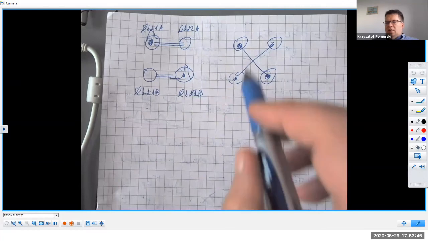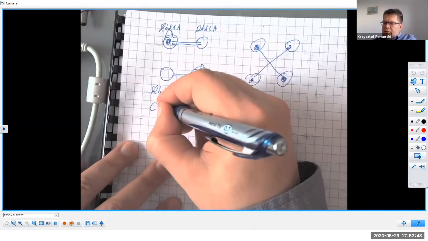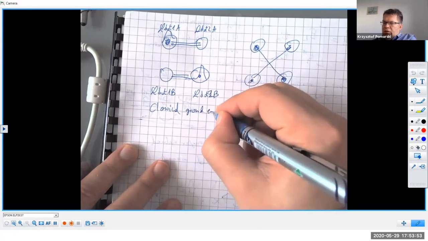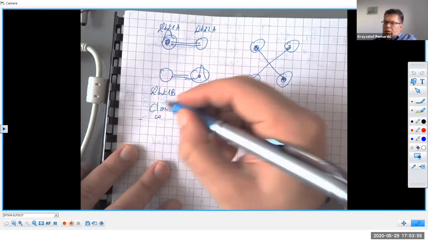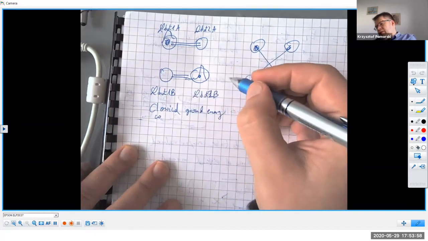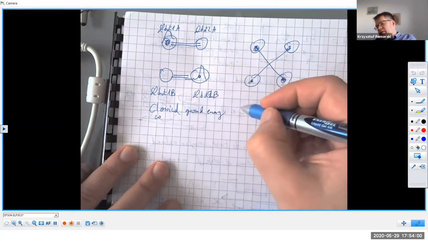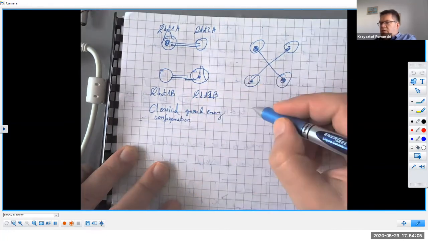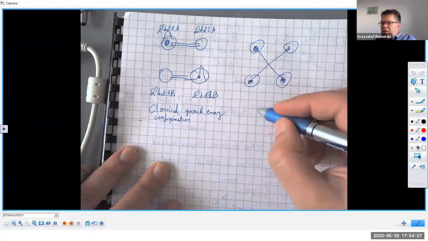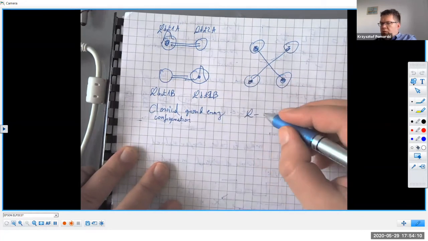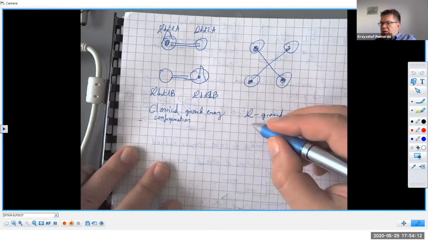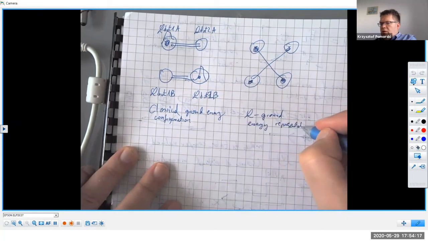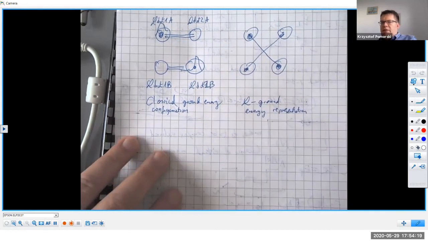So this is the classical ground energy configuration, and there is a quantum superposition, the quantum ground energy representation. All right, we will inspect this in greater detail.